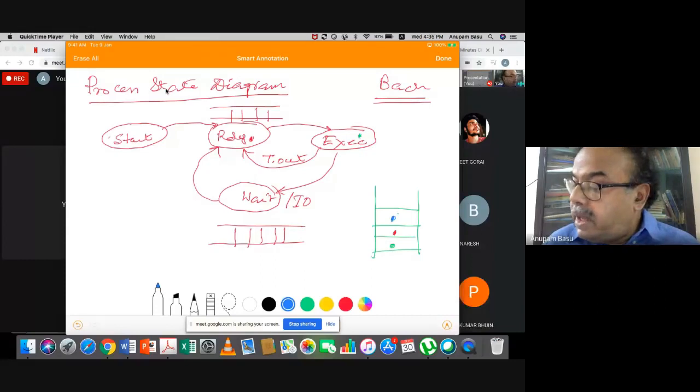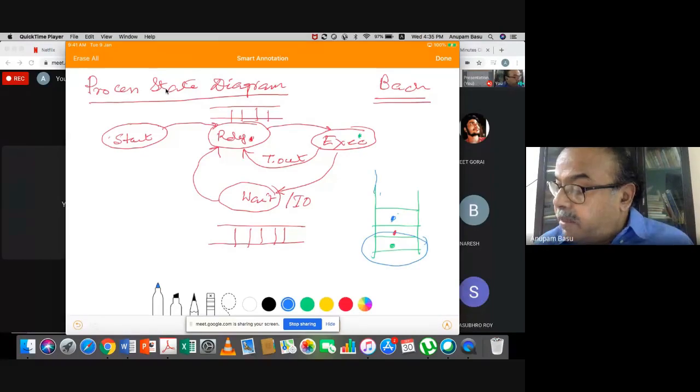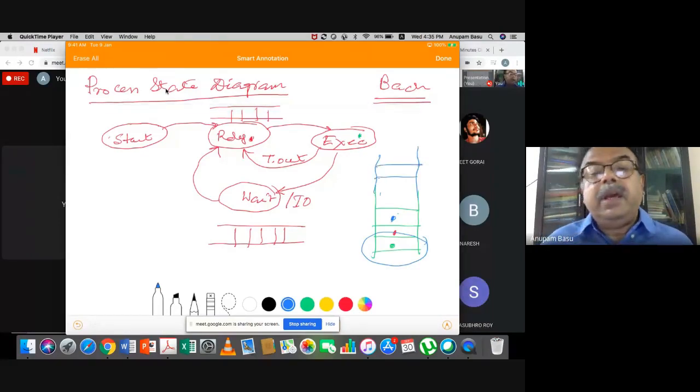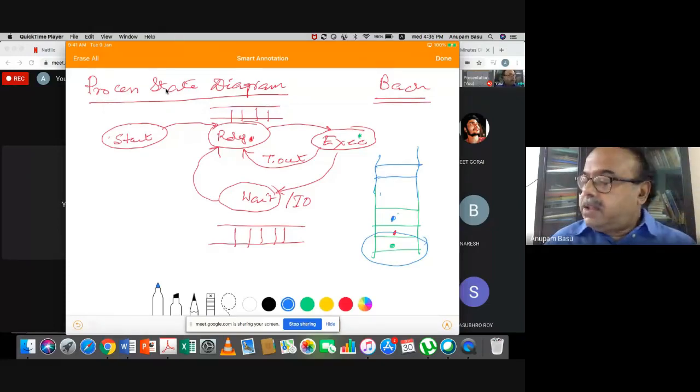We are not moving this green piece of code physically anywhere, right? Because where should we move it? Somewhere the ready queue is also in the memory. Any data structure that I am using for the operating system to run is also in the memory. So I am not moving this program from here to here. Is it clear?